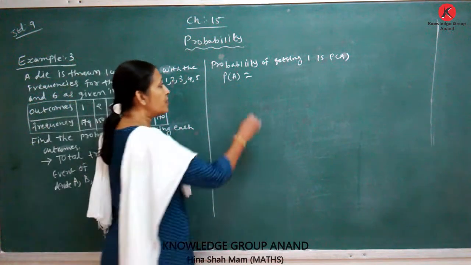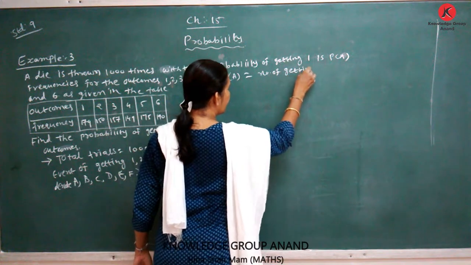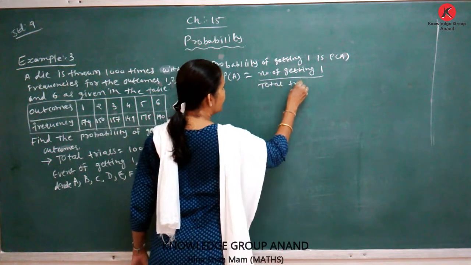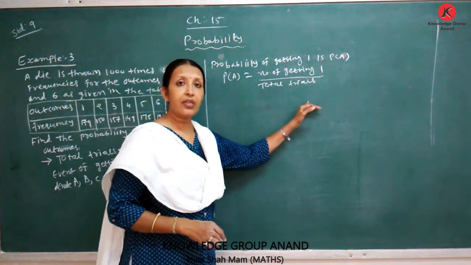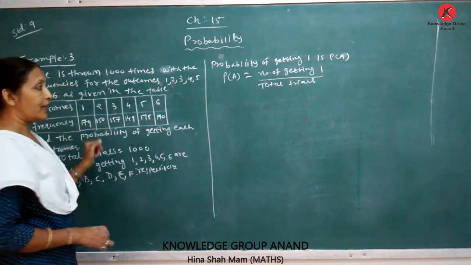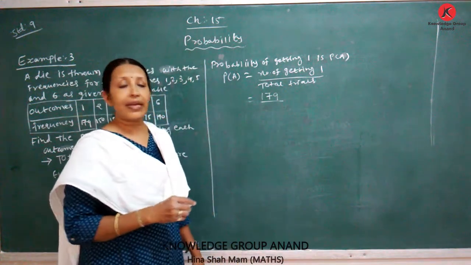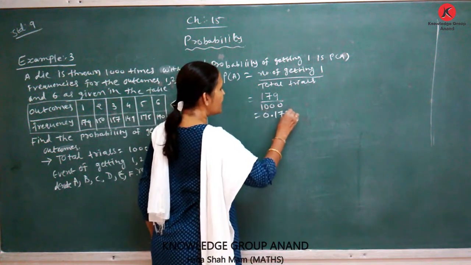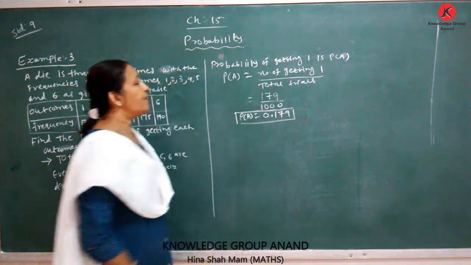P(A) is equal to the number of getting 1, or the frequency of 1, upon total trials. Here the number of getting 1 is 179, upon total trials, 1000, which is equal to 0.179. The first event is 0.179.